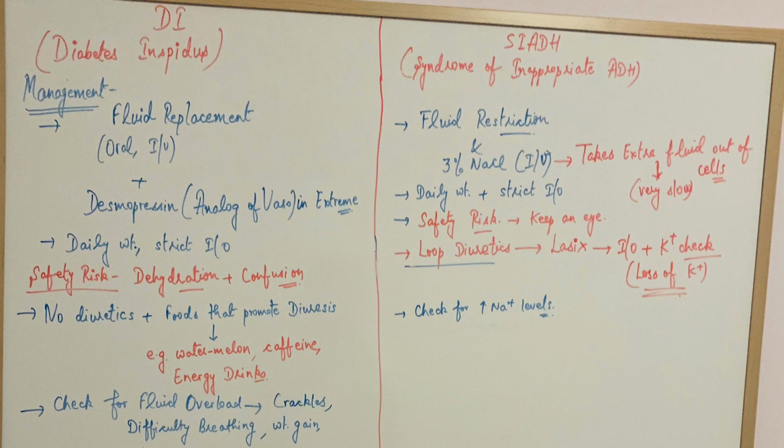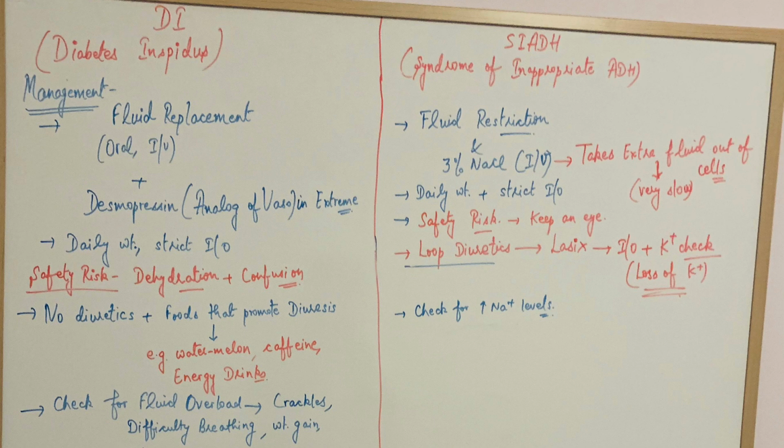Firstly, if we discuss diabetes insipidus, we all know in diabetes insipidus there is suppression of ADH. There is less production of ADH, which leads to increased urinary output. Because there is increased urinary output and the body is losing its fluids, it can lead to dehydration.